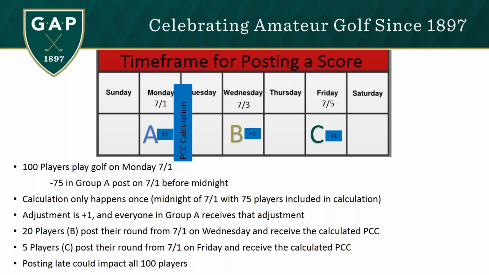So those calculations potentially affecting 100 players that day could have a ripple effect on the handicap index by 0.1 or 0.2, which affects the course handicap by 1, and could have a ripple effect in determining club events and other events that are played. So again, not only is time frame important for posting for daily revisions, but it could impact every single player that plays a course on a given day.